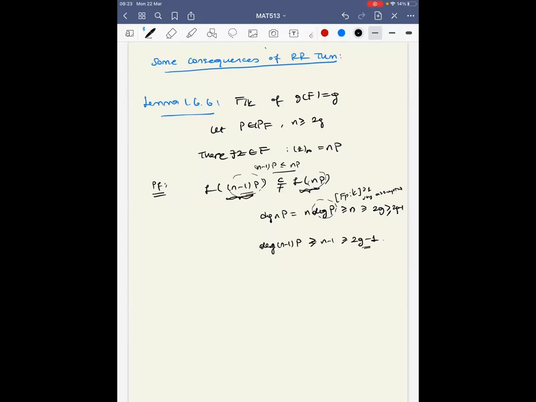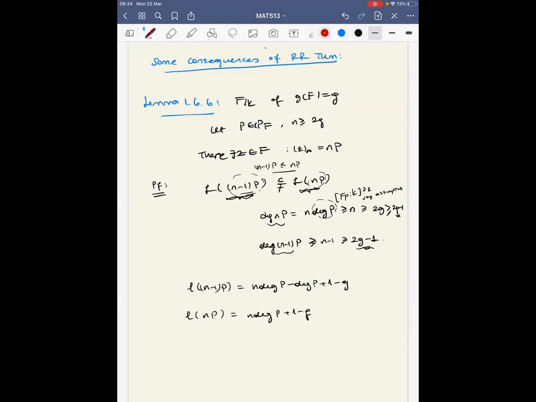Then by the consequence of the Riemann-Roch theorem, since their degrees are large enough, we get that the dimension of L of nP minus P is its degree plus 1 minus g, and the dimension of L of nP is n times degree P plus 1 minus g.